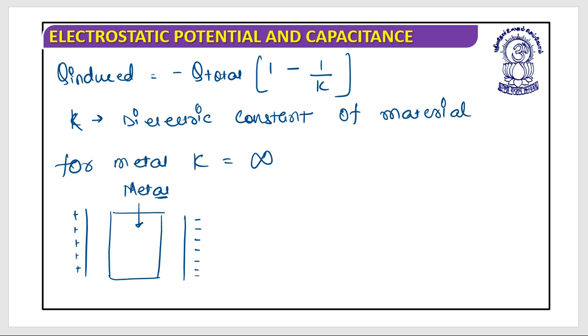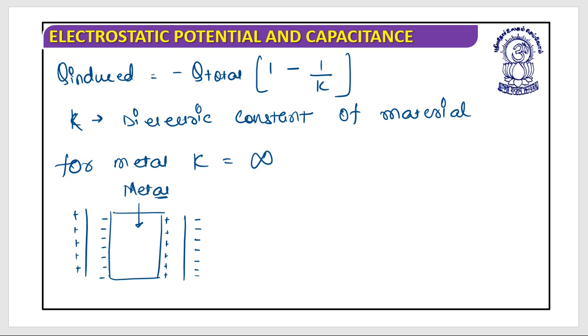If any metallic plate has been placed within an external electric field, then in this situation negative charges would be here, and positive charges would be here.